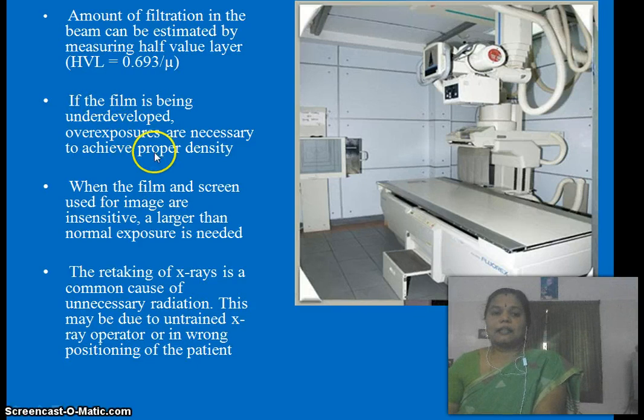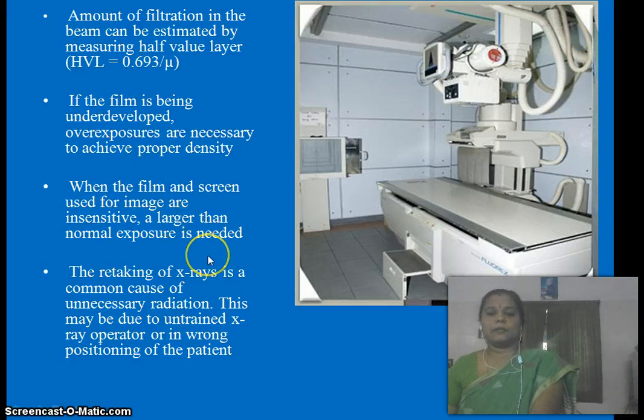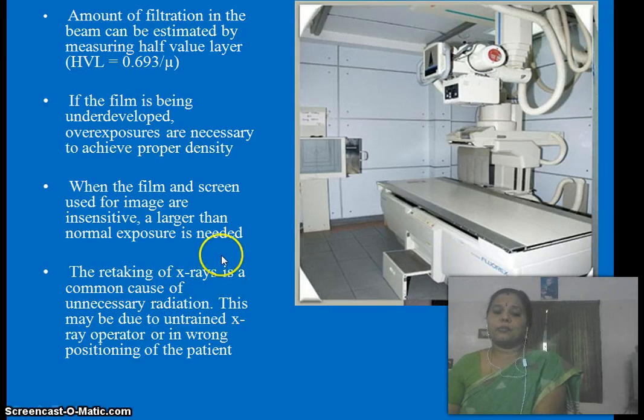So the second factor is, if the film is underdeveloped or if the film and the screen which are used are insensitive, then a larger exposure is needed than the normal exposure. And the fourth factor is the retaking of X-ray, that is the repetition of X-ray to a patient, which is the major cause of unnecessary radiation. Why does this retaking happen? This may be due to an untrained X-ray operator, wrong positioning of the patient, or some other problem in the X-ray machine.